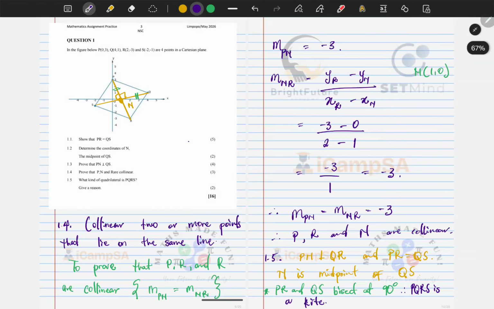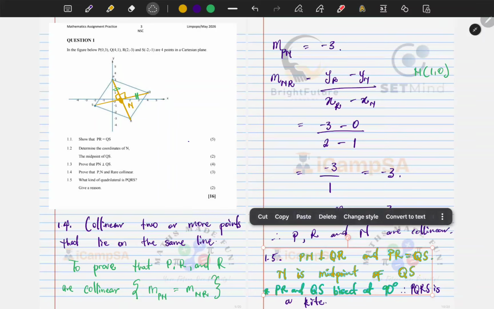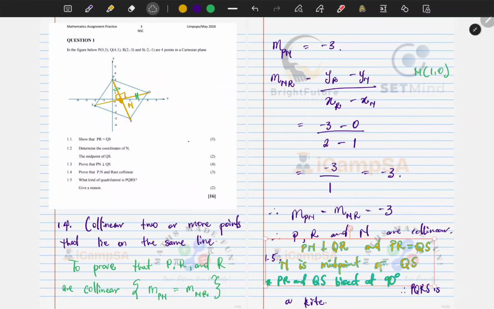So maybe let's just put it nicely, without turning the page. So let's just put it here, right? So we can therefore say that your PQRS is a kite, right?